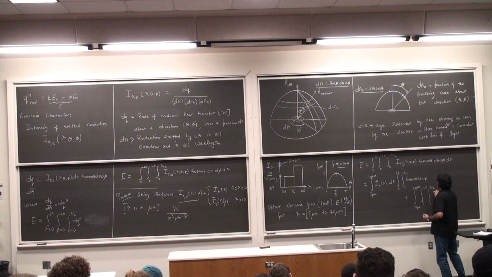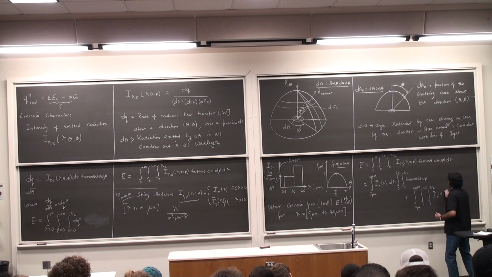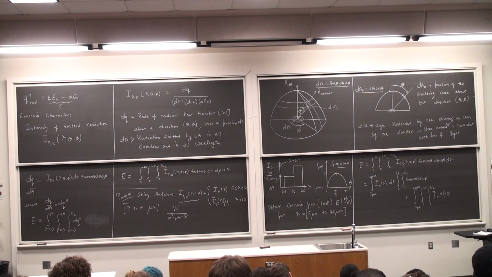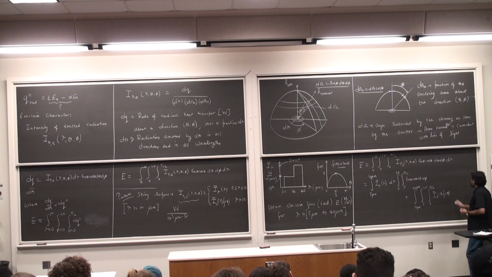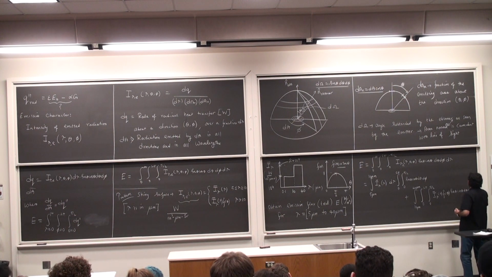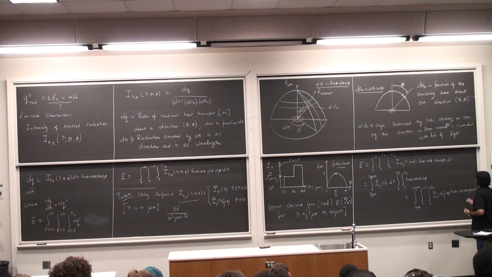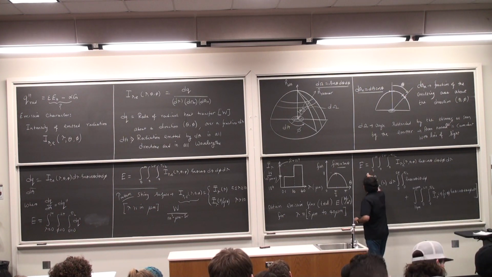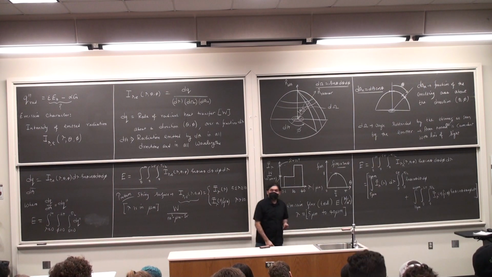So that's going to be I bar of lambda times f of theta, sin theta, cos theta, d theta, d phi, d lambda. Does this make sense to everybody?